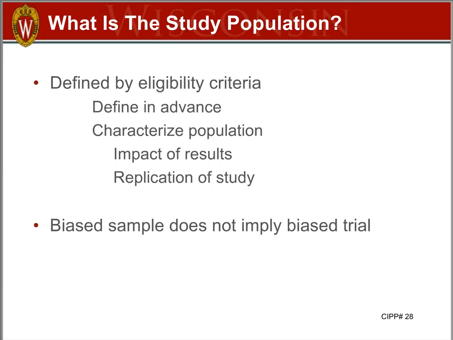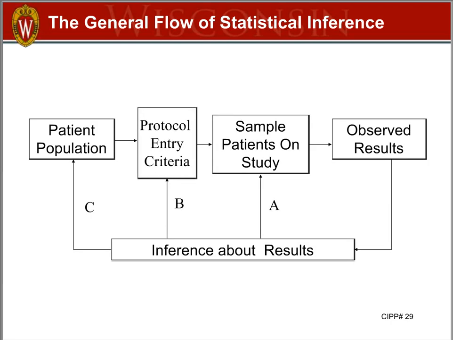You have to keep in mind that just because the sample is selected by high risk or low risk, it doesn't mean that the results should be biased. What do I mean by that? Well, we have a population in mind, a patient population. That's the patients we're treating out there. We define a study with a protocol with specified entry criteria, and that will eliminate patients who probably, for one reason or another, should not be in the study.